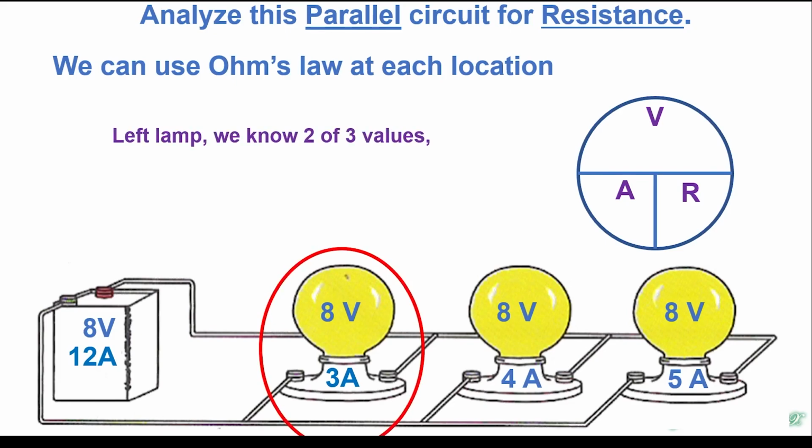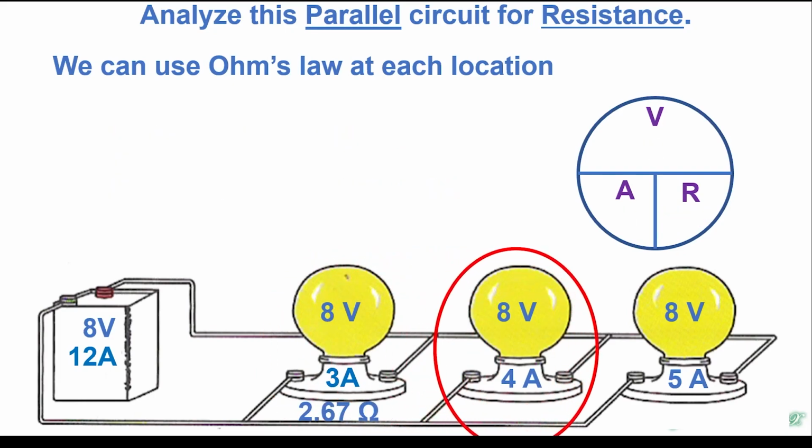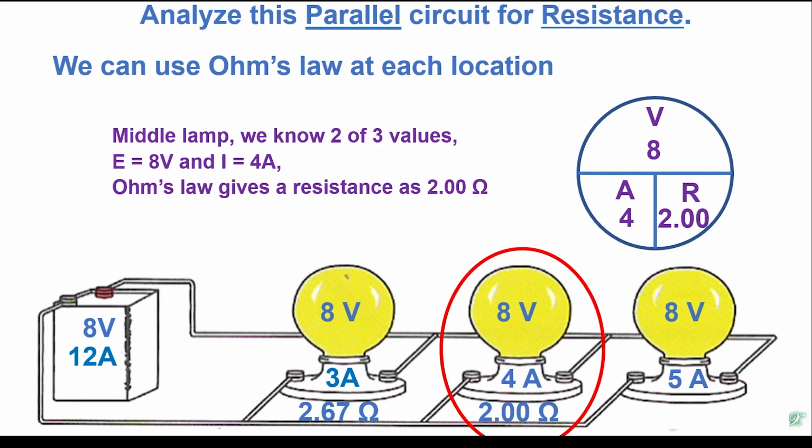The left lamp, we know 2 out of 3 values, 8 volts and 3 amps, right? 8 divided by 3, we remember from before, it's 2.67 ohms of resistance. That's that one. This one, 8 divided by 4, that should be pretty simple, that's 2. This is a resistance of 2 ohms for this lamp.